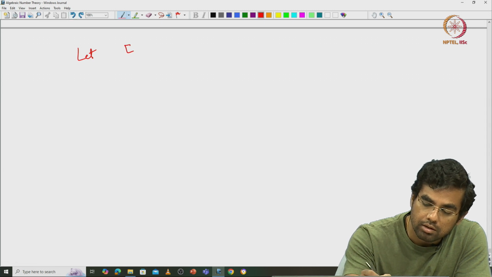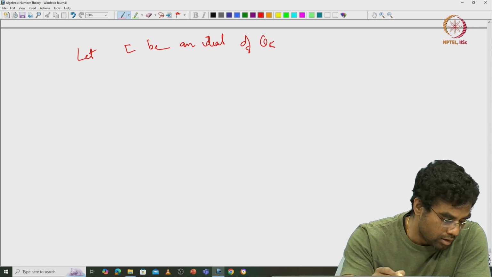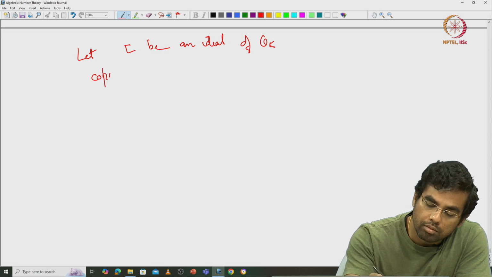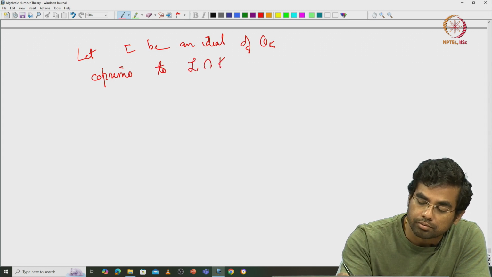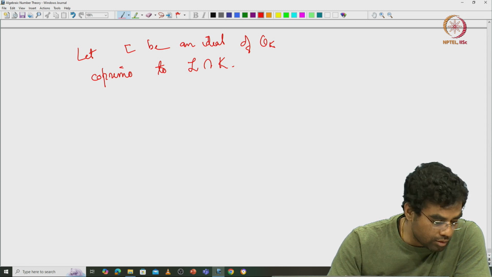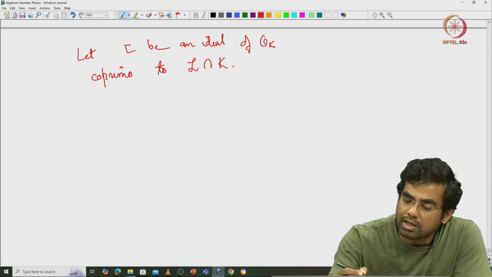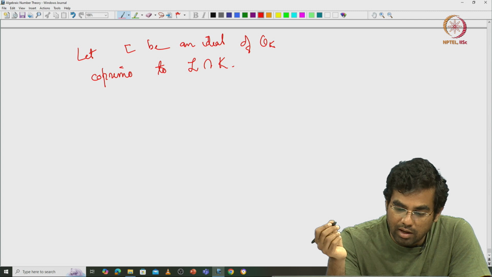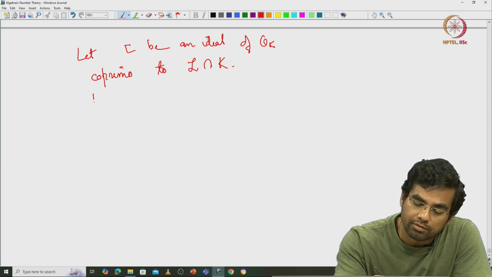Let C be an ideal of OK co-prime to L intersected with K. So, L intersected with K is some ideal, and we can always take C furthermore.